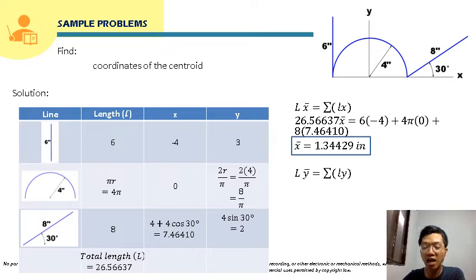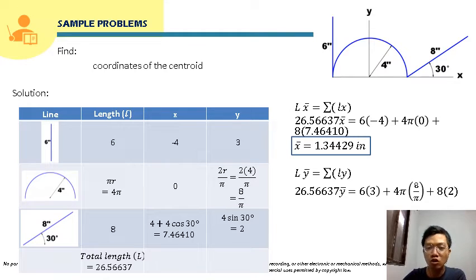Now, to solve for y bar, 26.56637 y bar will be equal to the summation of the length of each line times its respective y coordinate. So that will just be 6 times 3 plus 4 pi times 8 over pi plus 8 times 2.